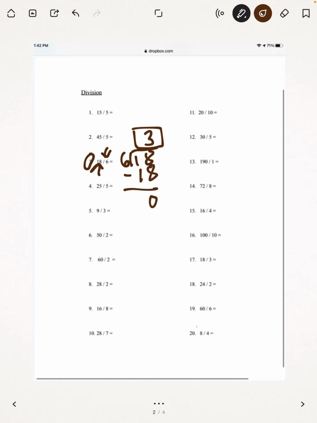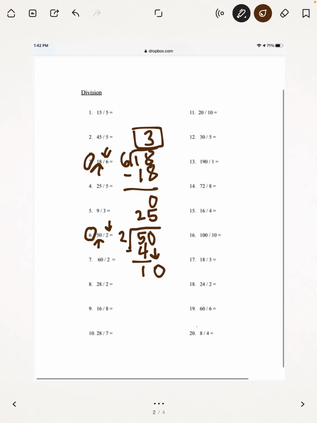Next, we're going to be doing number 6. Again, same format, division sign. First number goes on the inside, second number goes on the outside. 2 goes into 5, 2 times 2 is 4. We subtract, we get 1. Bring down the 0. How many times does 2 go into 10?